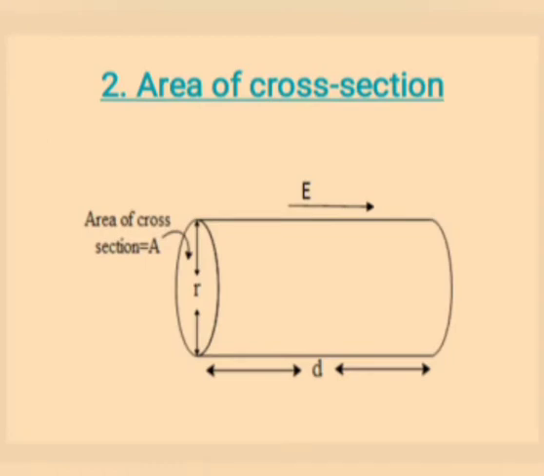Second factor is area of cross section of the conductor. When the area of cross section increases, resistance decreases. The electrons or the charges get sufficient enough place for the movement. So, the resistance decreases.